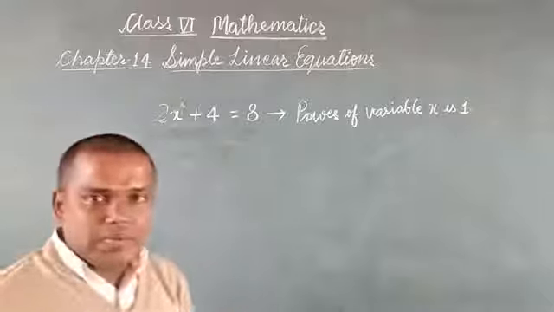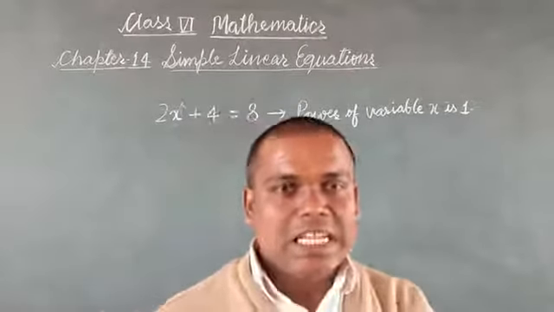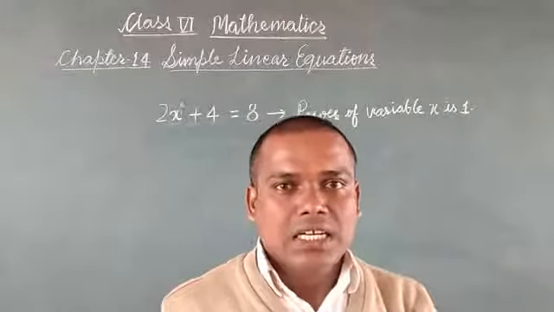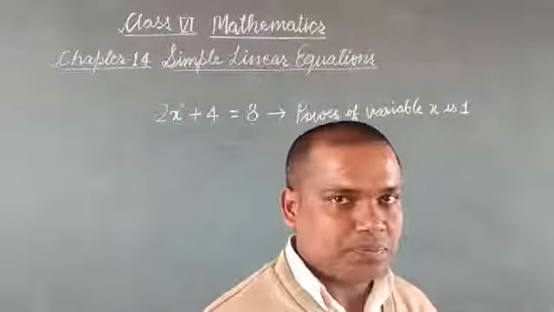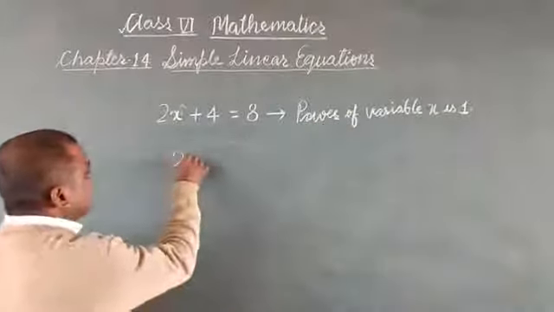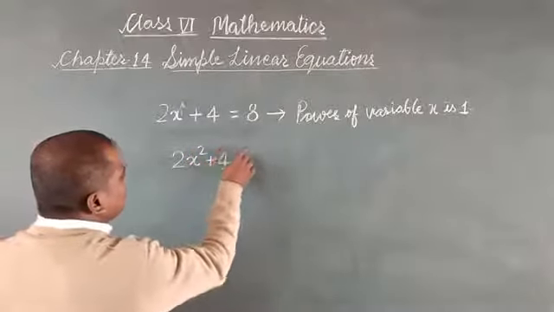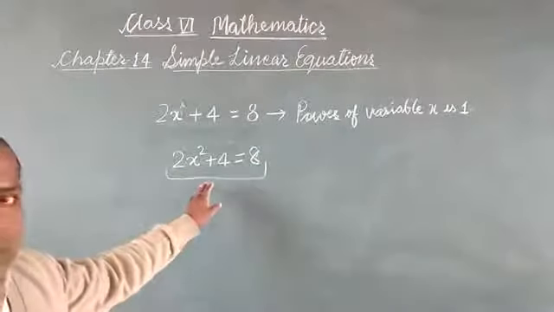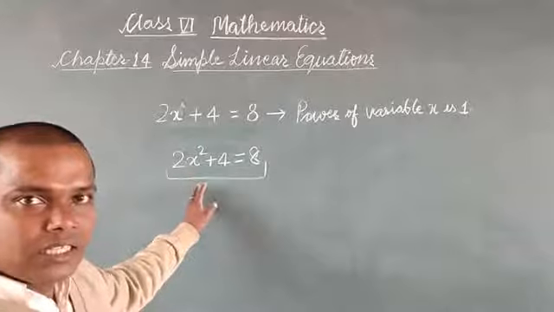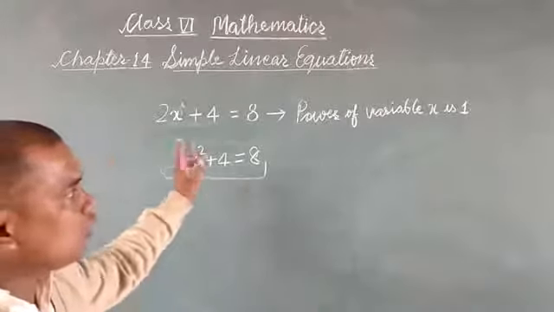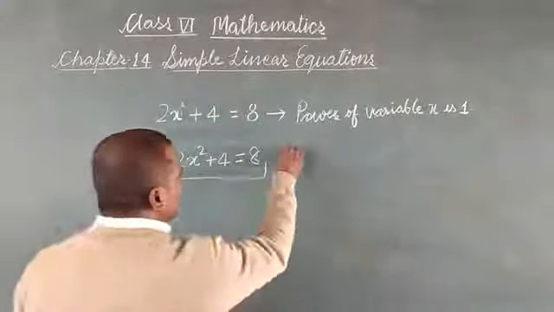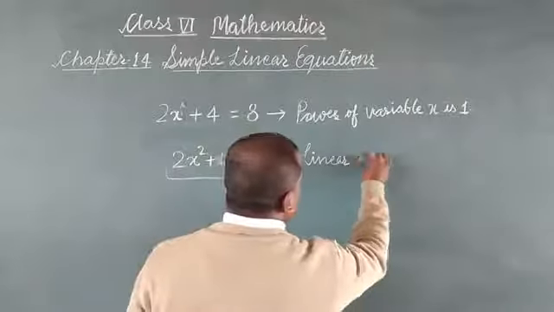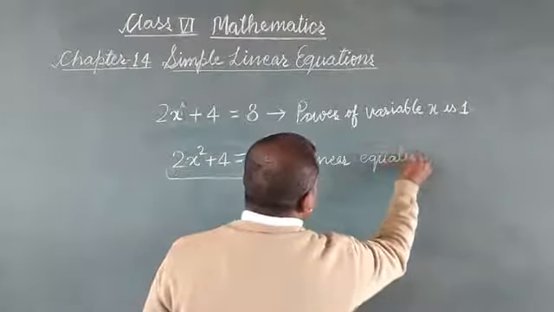If power of variable is not 1, then equation will not be said linear equation. For example, if we are having 2x square plus 4 is equal to 8, it is an equation, but not linear equation.